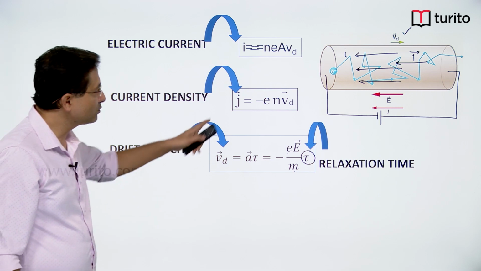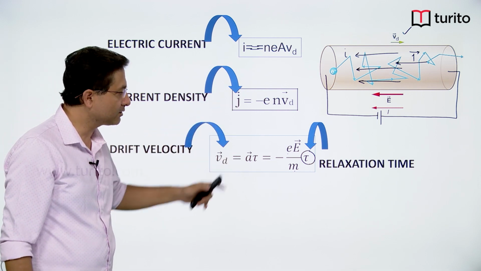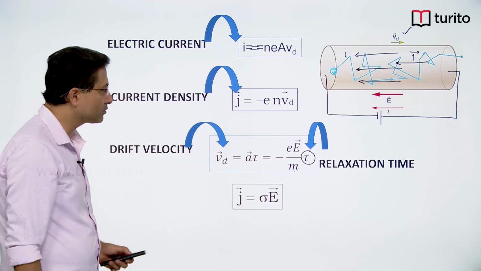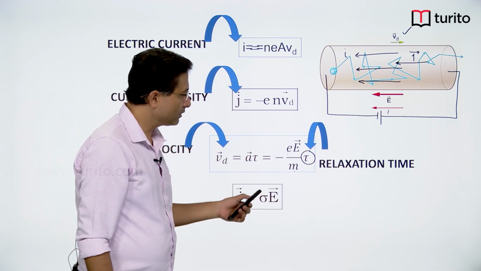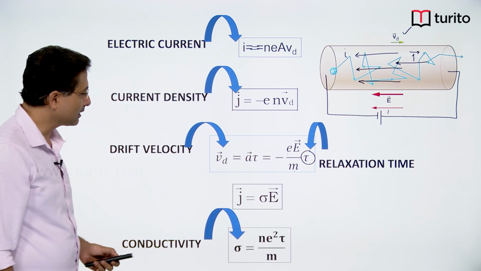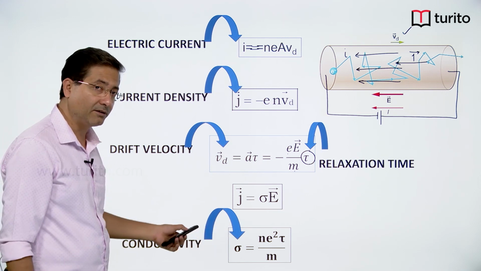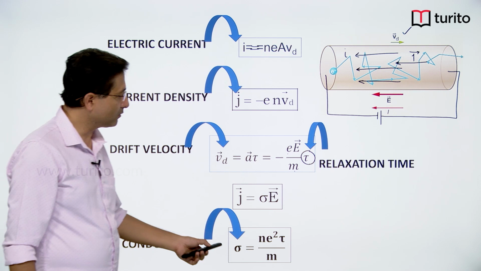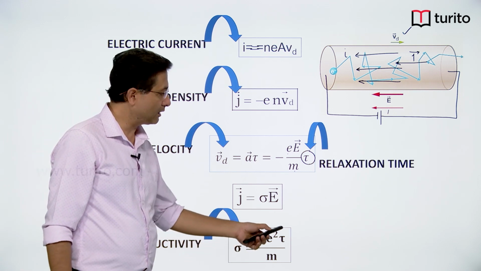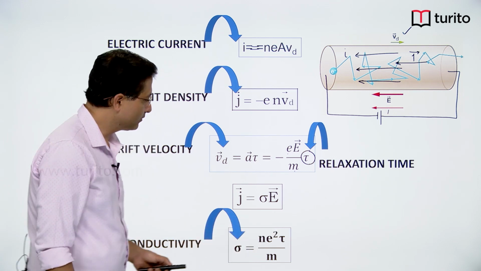And then using this relation and this relation, we got J is equal to sigma E, where sigma was the conductivity, right, and the value of sigma was N e square tau by m, right.